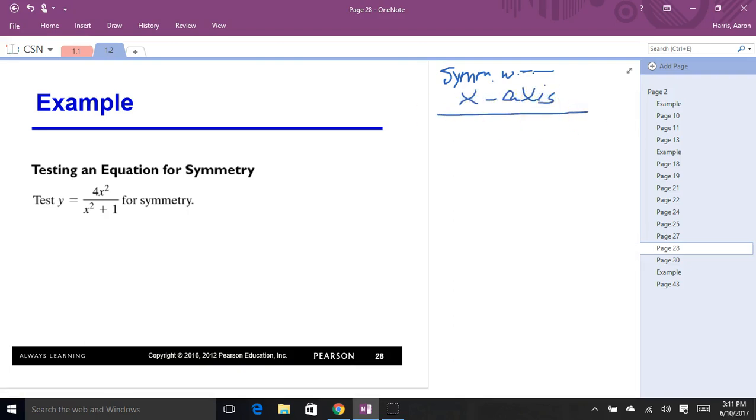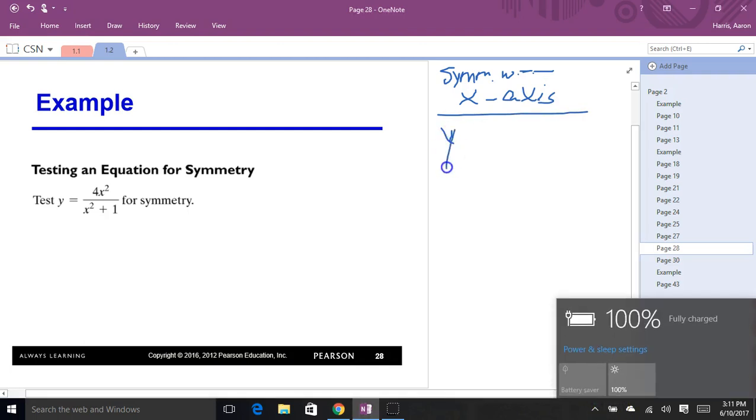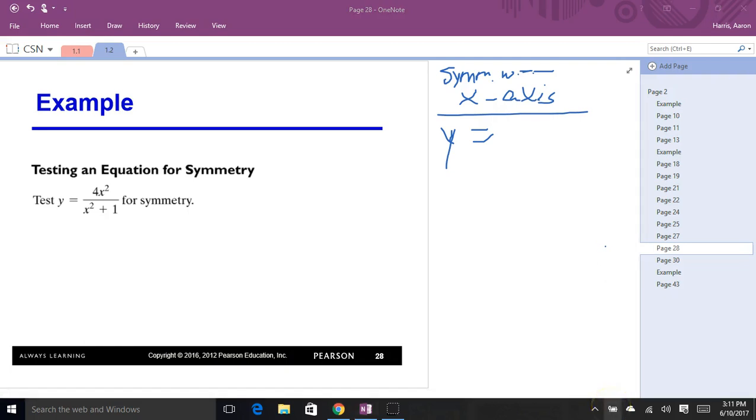Sorry, I'm struggling with my pen here. So our original equation, y equals 4x squared over x squared plus 1.